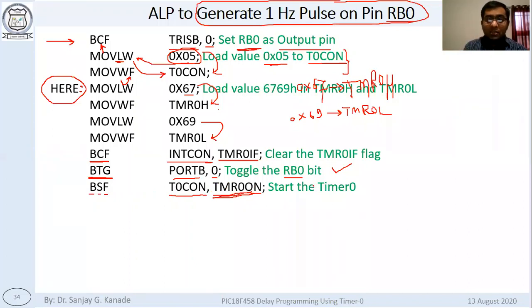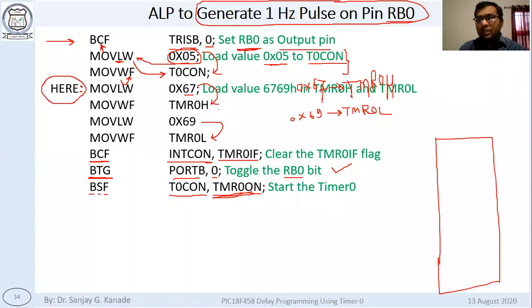Now how many pulses is it going to measure? If you can recall, I have shown you something like this. These are the values of the TMR0H:TMR0L pair. It starts from 0 and goes to FFFF.